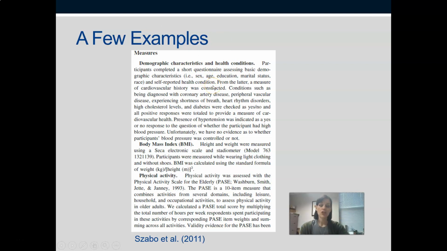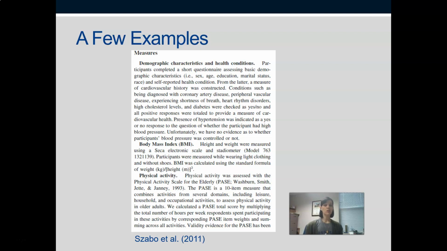From the latter, a measure of cardiovascular history was constructed. Conditions such as being diagnosed with coronary artery disease, peripheral vascular disease, experiencing shortness of breath, heart rhythm disorders, high cholesterol levels, and diabetes were checked as yes or no, and all positive responses were totaled to provide a measure of cardiovascular health.